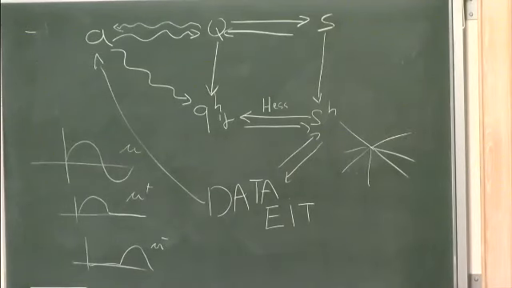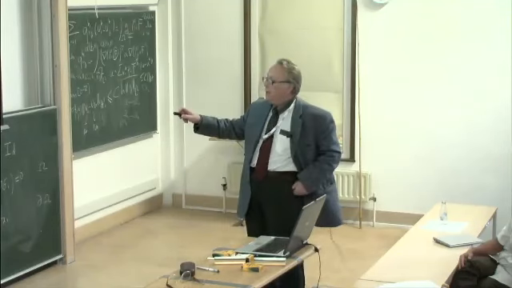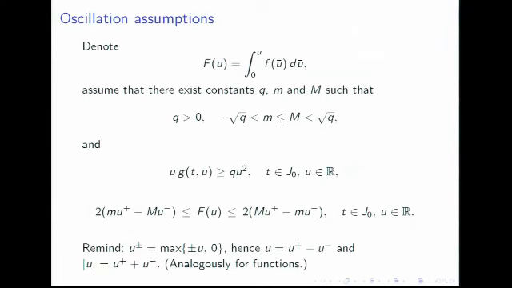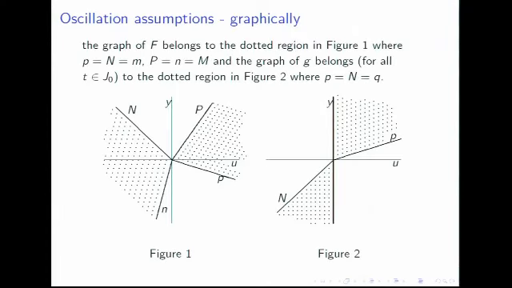I suppose more instructive is the graphical expression of these conditions, namely that the graph of capital F should belong to the dotted domain in figure 1, and G belongs to the dotted set in figure 3, uniformly with respect to t.